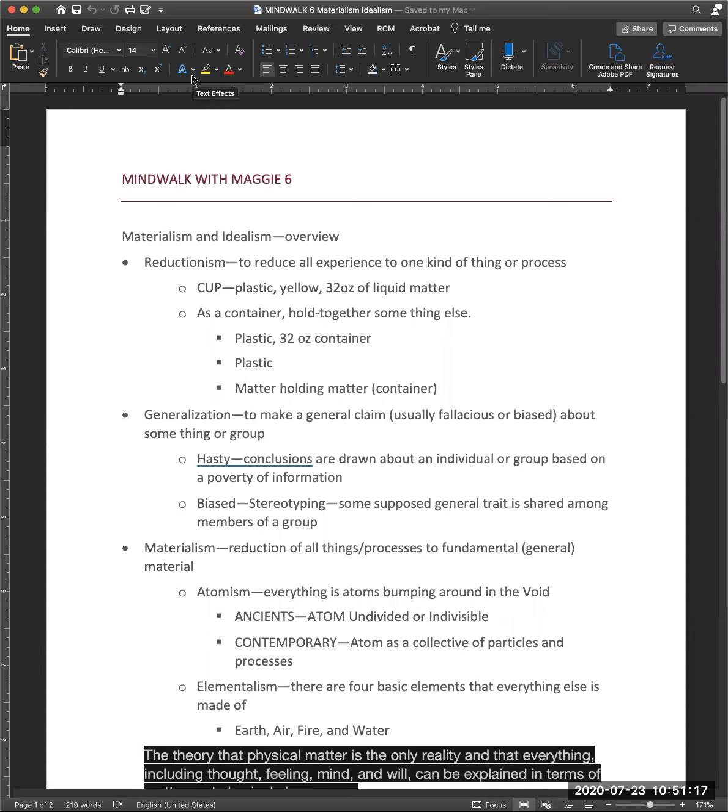Let's say that you have a cup, and let's say the cup is made of plastic. The color of the cup is yellow. The size of the cup is 32 ounces. It's a cup, so it's been made for liquid matter, right? For liquids.